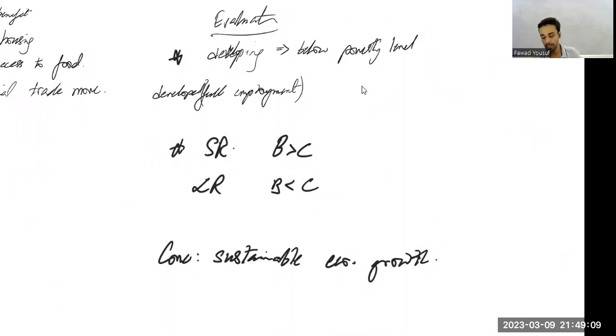Do you understand? This is how this particular chapter of economic growth, cost and benefit would technically be discussed. Is that okay? Okay.